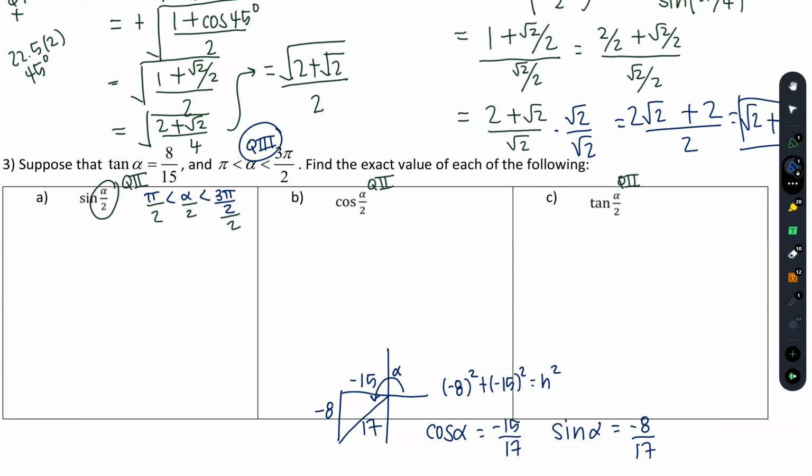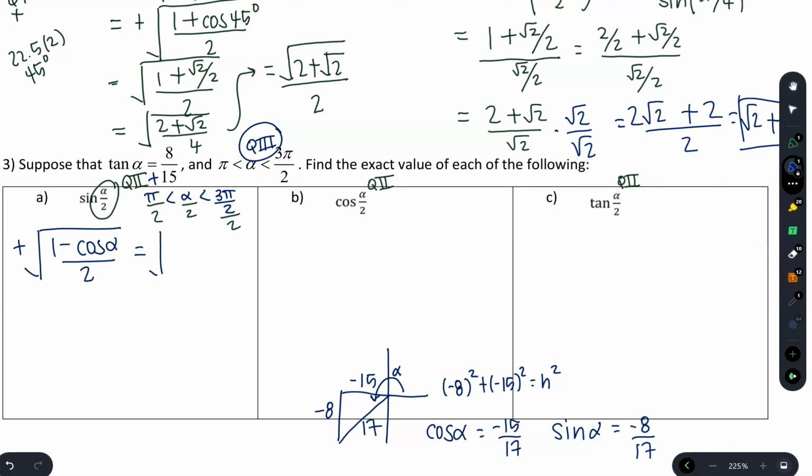All right, so sine of alpha over 2. Sine is positive in quadrant 2. So when I use my half angle formula, I'm going to say 1 minus cosine of alpha, and all that divided by 2. And I'm going to use the plus sign out there. Cosine was a negative, so it'll turn into 15 over 17, and this is all over a 2.